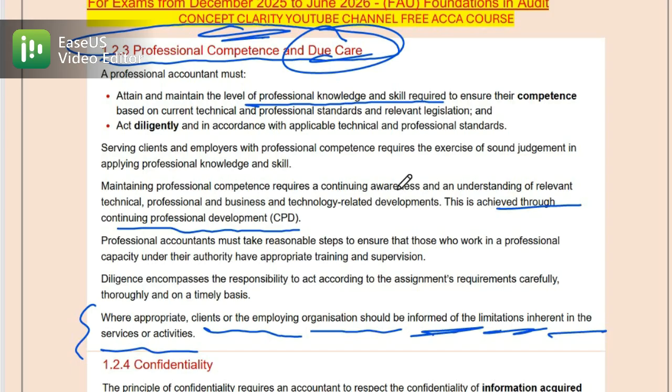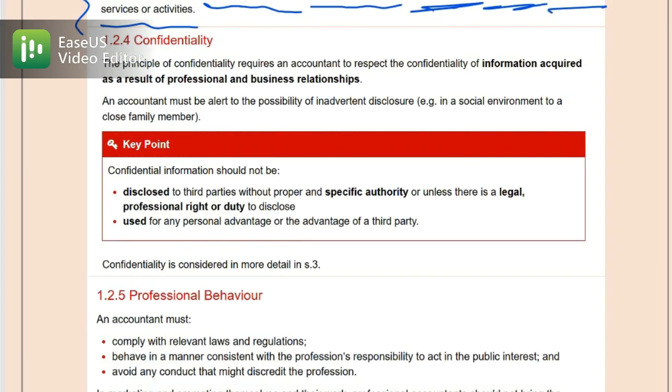We have confidentiality. This one is a little bit big, especially in auditing, a very big one. The principle of confidentiality requires a professional accountant to respect the confidentiality of information acquired as a result of professional and business relationships.